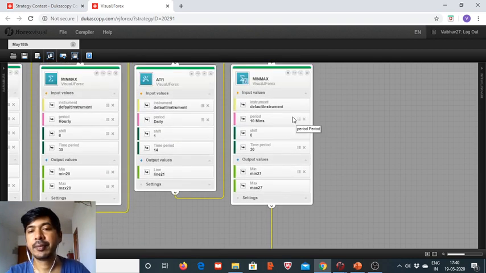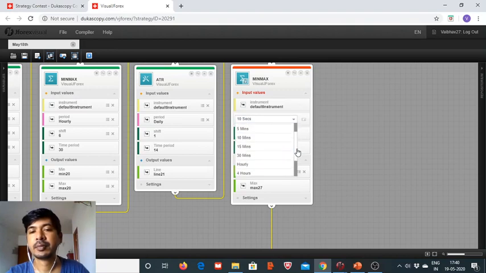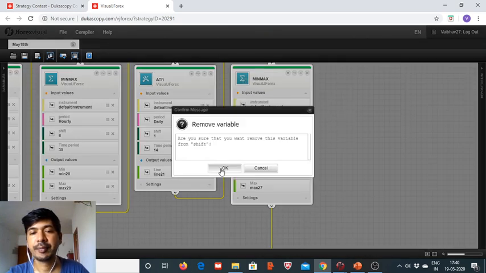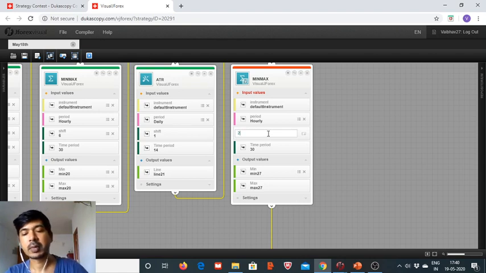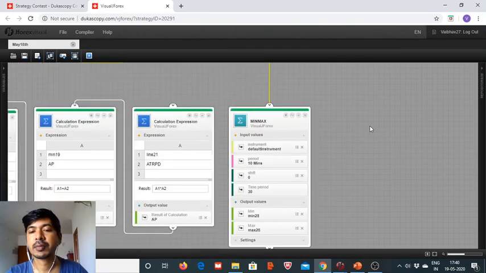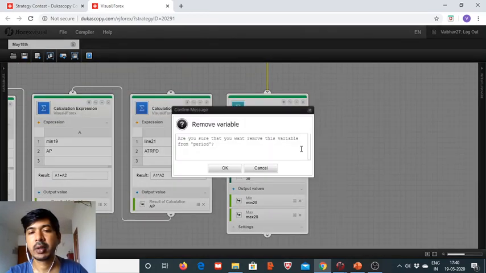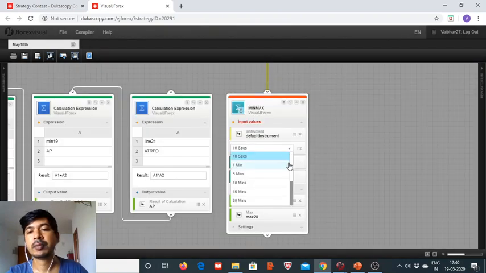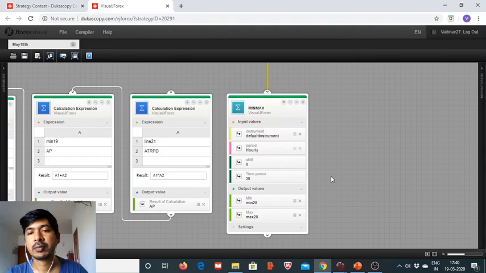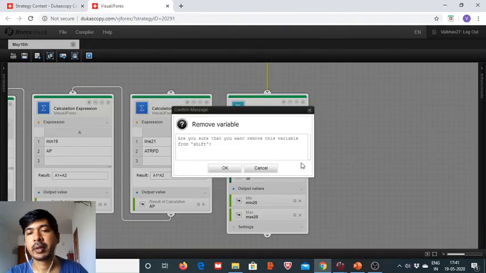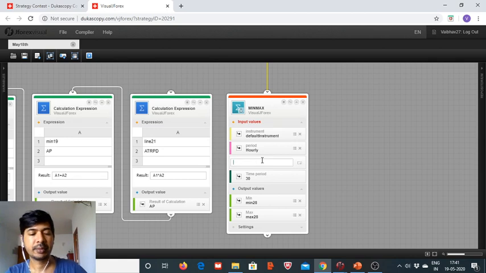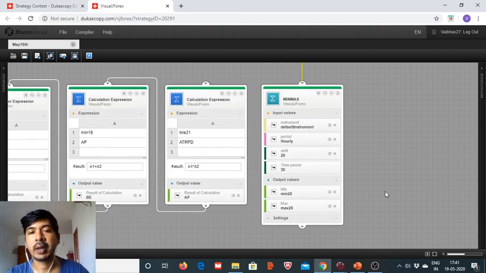We make it hourly. Shift 29. Here also hourly. And we make shift 29, that is, the look back period is now going to be 29 hours back.